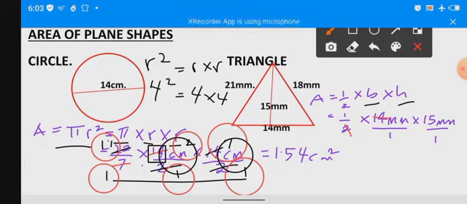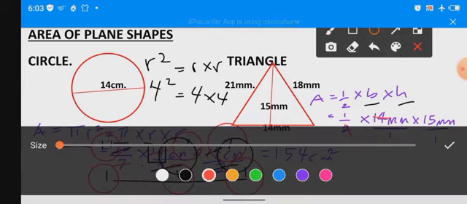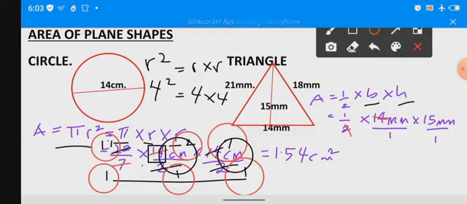When you have to find something, you use what you need, not all that you see. In this triangle, the values we need are 15 millimeters and 14 millimeters.